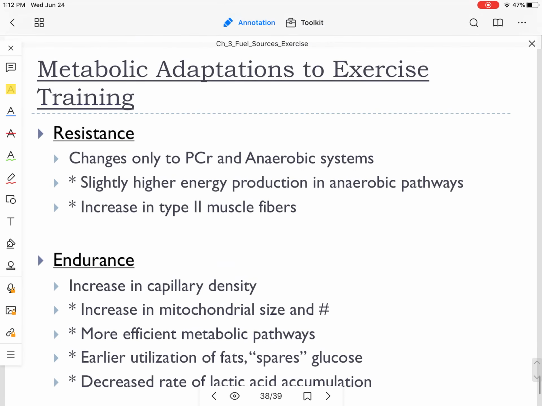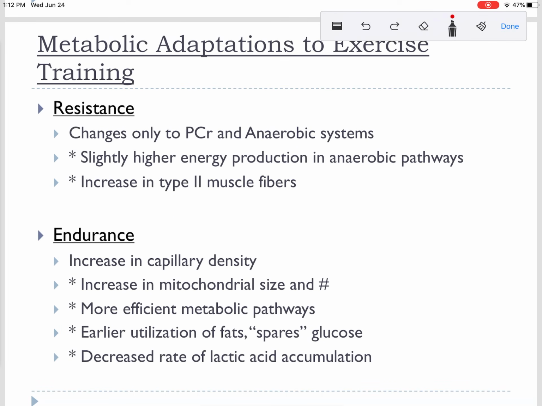All right. This is our last slide, and I would like you to know some of these. Through exercise training, there are some metabolic adaptations. We know that when you train, you're going to get more fit. You're going to be able to do better. But what's actually happening physiologically? Let me give you some examples.